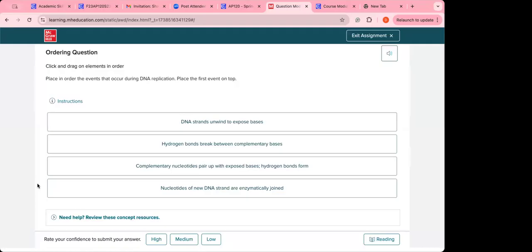Before replication can start, the double strands of DNA need to separate from each other. An enzyme called DNA helicase breaks the hydrogen bonds that connect them.